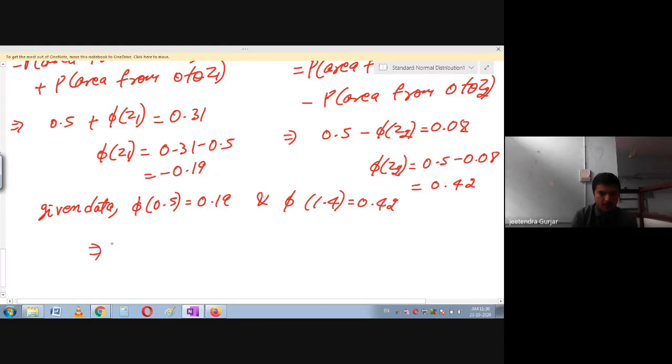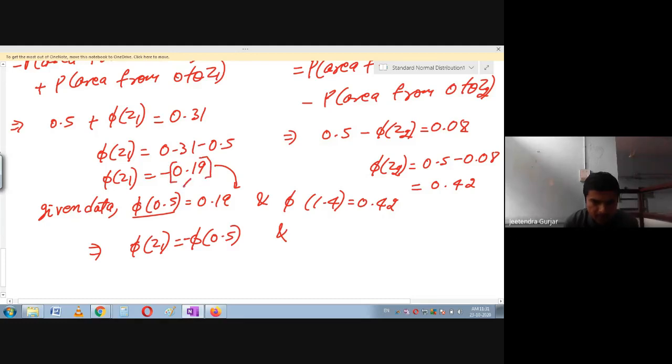If you compare these two equations, we get phi of z1 is equal to, substituting 0.19 as phi of 0.5, minus phi of 0.5. The minus remains as it is.